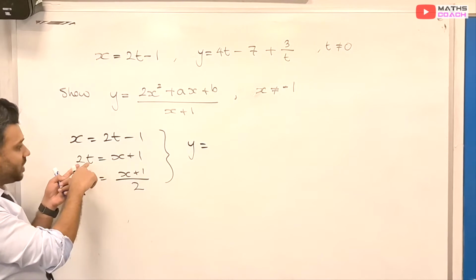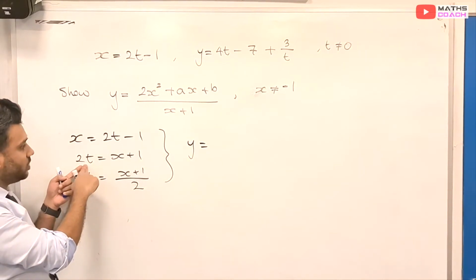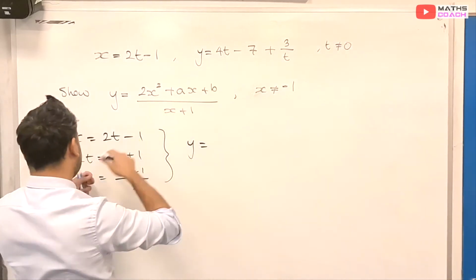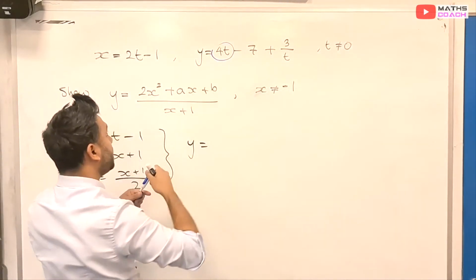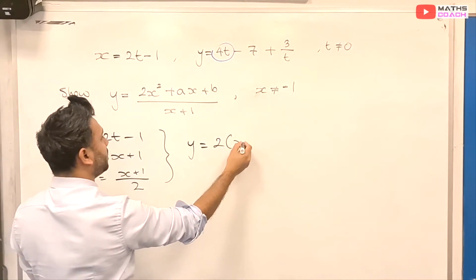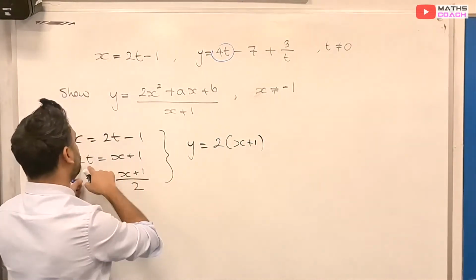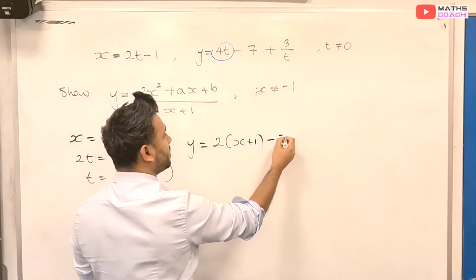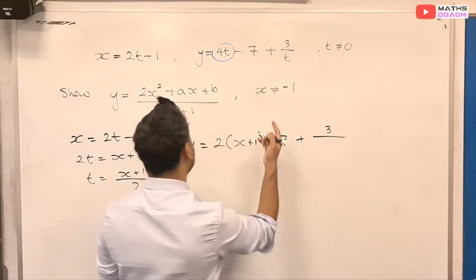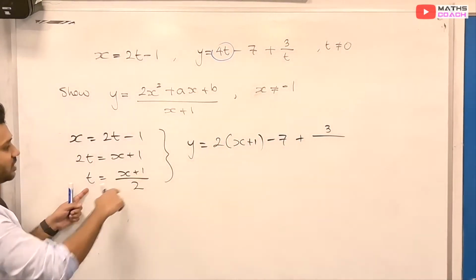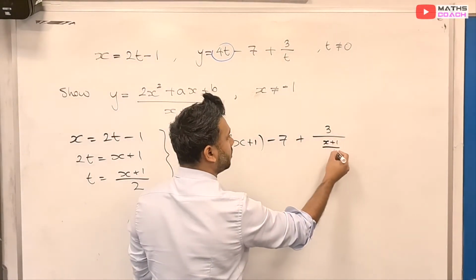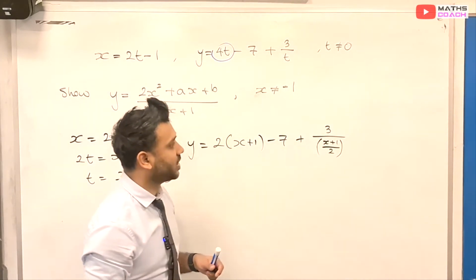It'd be easier to pick this one and times by 2 to get our 4t, so times both sides by 2. So we're going to have 2 bracket x plus 1, which will give me 4t minus 7, and then plus 3 over t. And then t itself here is x plus 1 over 2. So we have x plus 1 all over 2, written as a small fraction there.